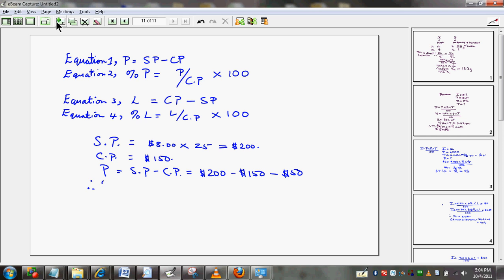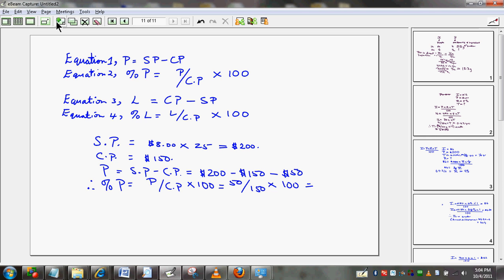So if we know what his profit is, we could find his percentage profit. The equation for his percentage profit is, from equation 2, profit divided by cost price multiplied by 100. So we take the profit, which is $50, divided by his cost price, which was $150, and multiply that answer by 100.